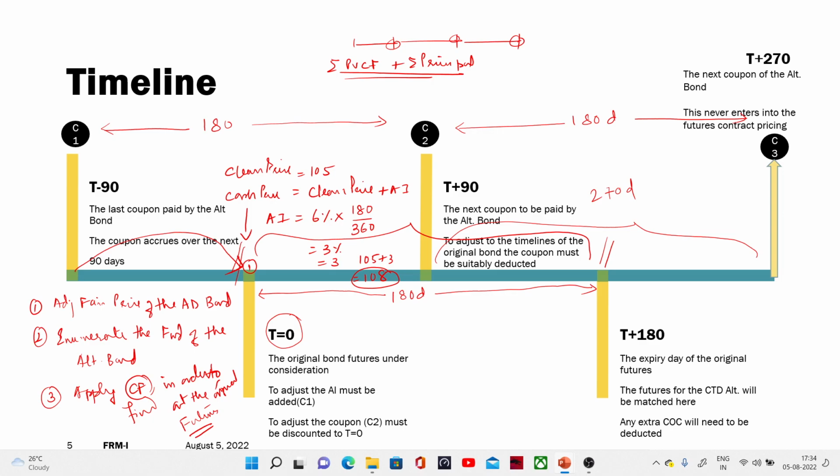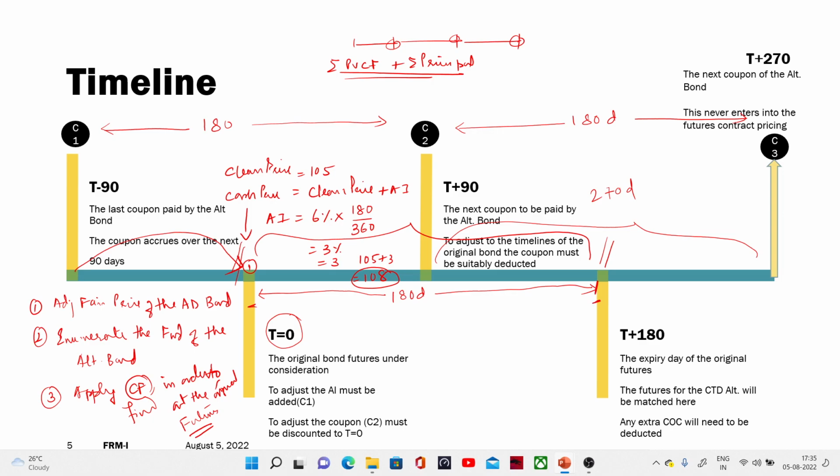So the question is how do we make the adjustment as far as the cash price is concerned? Because when we value a bond in between two coupon dates, the cash price would have a component of the accrued interest. So we first found out the accrued interest component. With the accrued interest, the cash price or the market price or the dirty price of the bond should be 108.